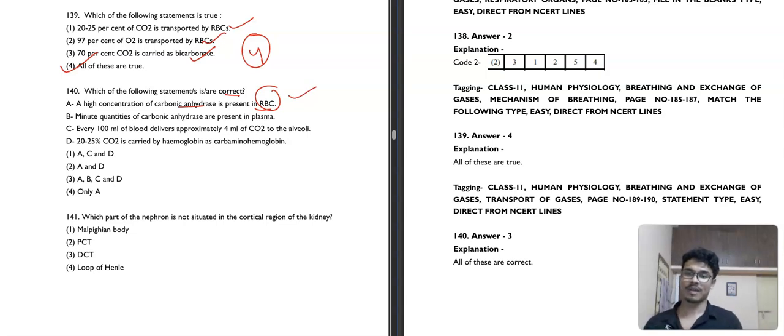Minute quantities of carbonic anhydrase are present in plasma, correct. Every 100 ml of blood delivers approximately 4 ml of CO2 to the alveoli, also correct. 20 to 25% of CO2 is carried by hemoglobin as carbaminohemoglobin, also correct. So all of these are correct. Third option is our correct answer.